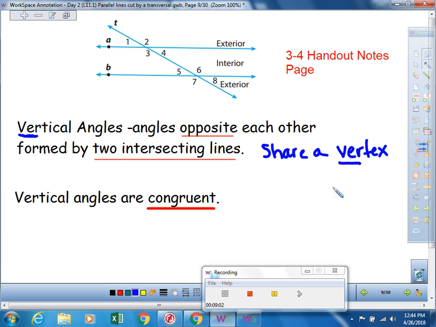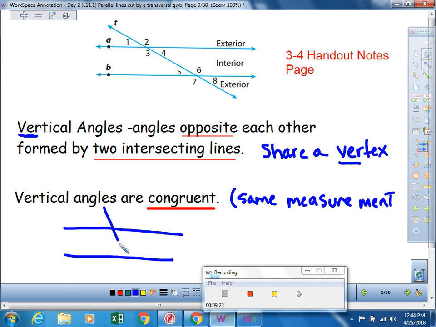Vertical vertex. You also want to put vertical angles are congruent. That means they are the same measurement. If I have parallel lines cut by a transversal, these would be vertical angles right there. Okay, these would be vertical angles, Y and Y. I can put vertical angles up here.